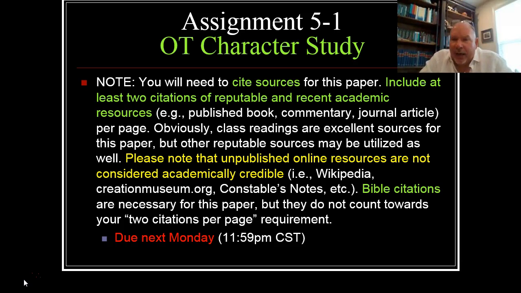Please notice that unpublished online resources are not considered academically credible. So if you go to just mybiblethinc.com or Wikipedia, Creation Museum, other non-academic websites are not academic sources.